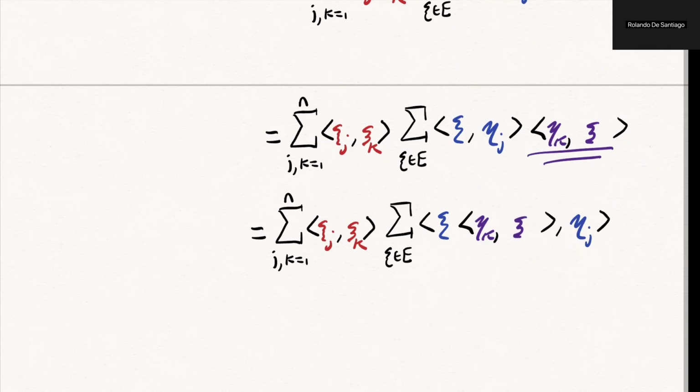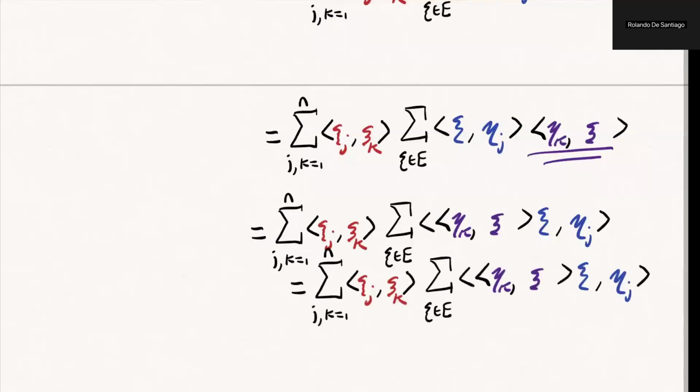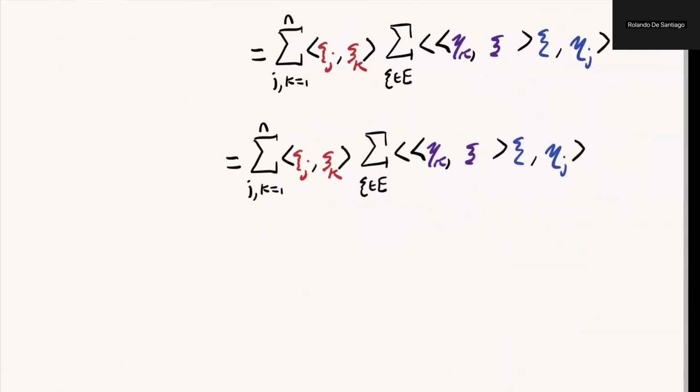Let's just rewrite this a little bit differently for clarity. All right, now that I'm done doing that, I'm going to duplicate this and manipulate this expression one more time. I'm going to move this sum into the inner product.